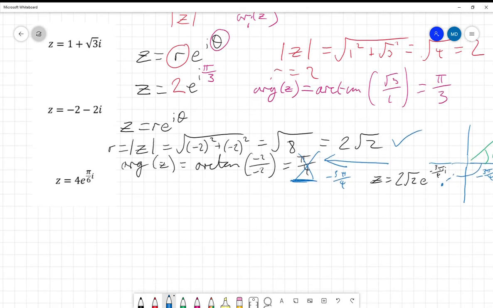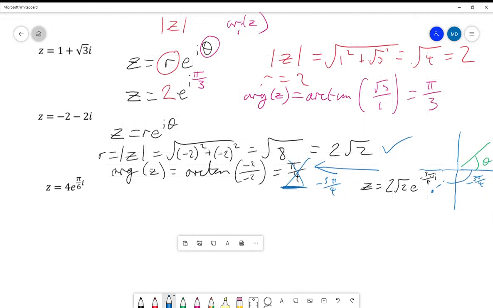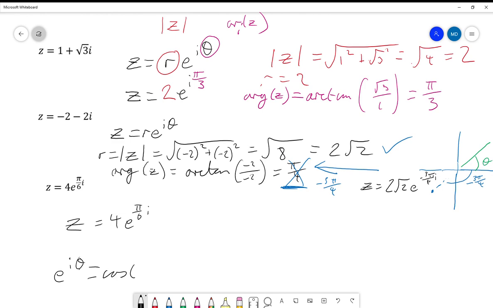Right, and then lastly, what if we have to turn the other way? Well, we know that z is equal to 4 e to the pi over 6 i, but we know that e to the i theta is equal to cosine theta plus i sine theta.